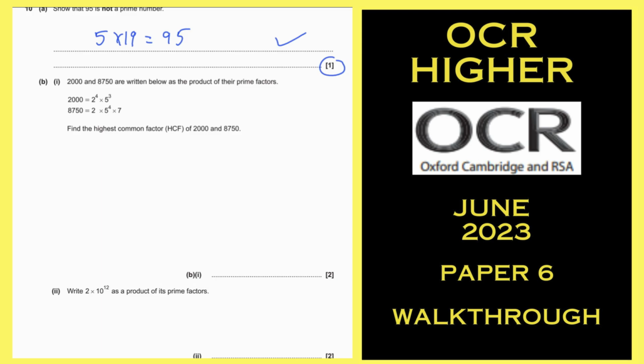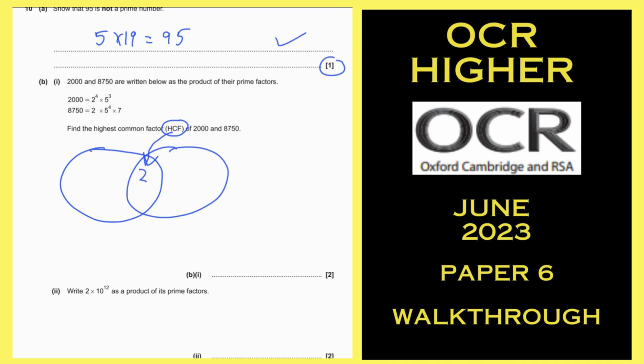B part I. It's one of those questions where they've given you the numbers. You would normally expect to have to do factor trees for these, but they've done them already. So if you are a person who draws a Venn diagram, that's fine. But when it comes to HCF, you're only interested in multiplying what they have in common. We look at the 2's, 2 to the 4 and a 2 to the 1.